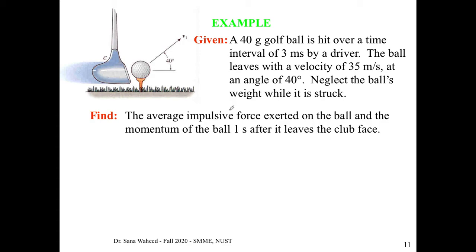We know the time interval and the velocity, and we want to find the force, so clearly it's the principle of impulse and momentum that we need to apply. Then we want to find the momentum of the ball 1 second after it leaves the club. Okay, so please start.